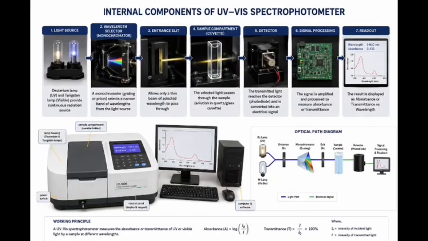The detector converts the transmitted light into an electrical signal. Lastly, the electrical signal is amplified and processed by the electronic system of the instrument. The instrument compares the intensity of incident light and transmitted light to calculate absorbance or transmittance.